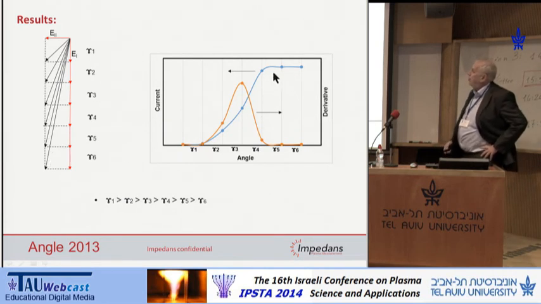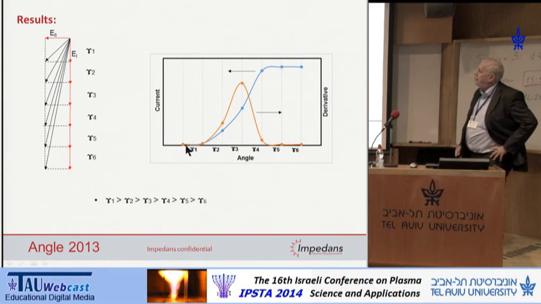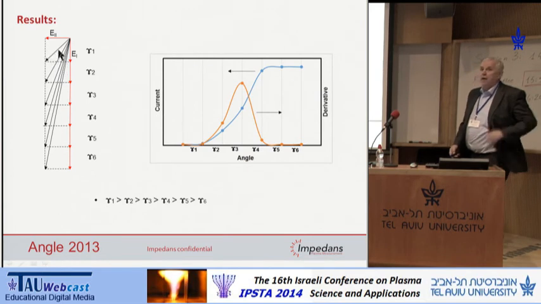And if we look at the current that gets through to the collector, in this case, with, say, a 45-degree acceptance angle, no ions get through at this point here. And so the current to the collector is 0.